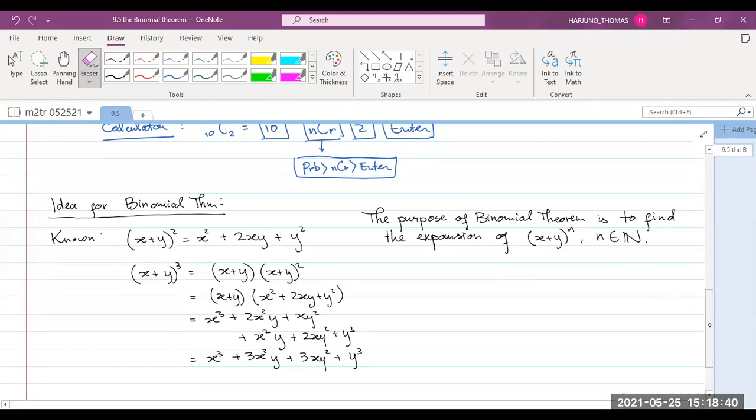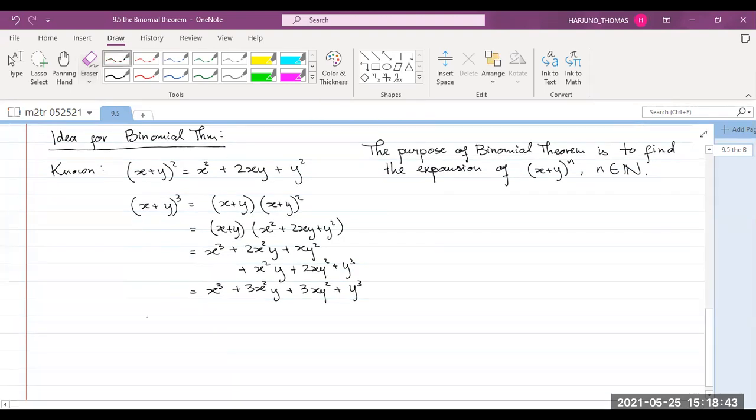Now, we have seen some pattern. Let's do one more. How about x plus y to the 4? X plus y to the 4 is x plus y times x plus y cubed.